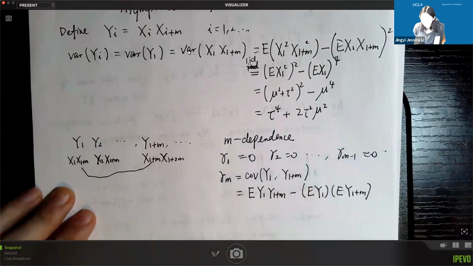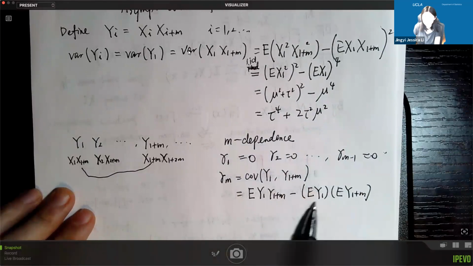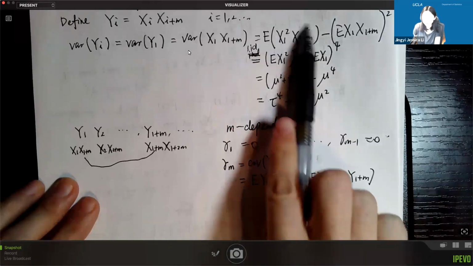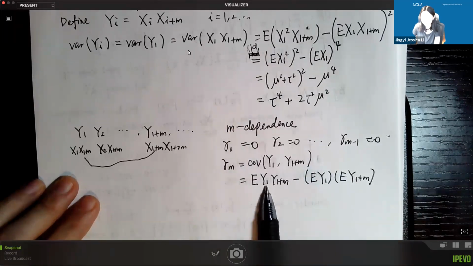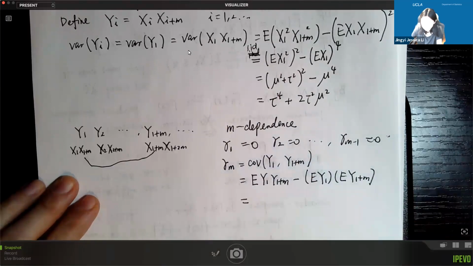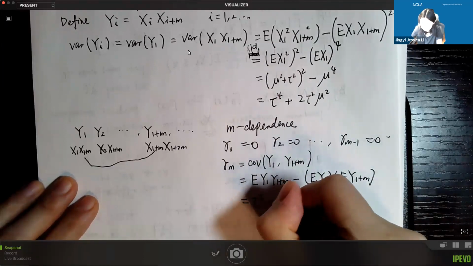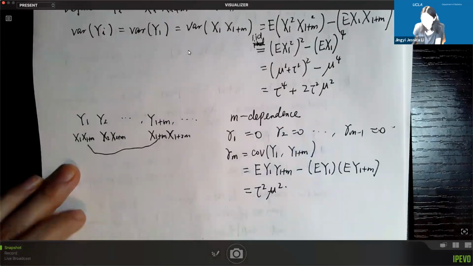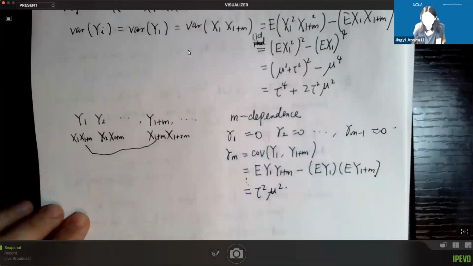Okay, I'll quickly sum up. You can just do the calculation yourself as we did here. Go back to the definition of y1 as x1 times x1 plus m. So basically, I can show this is equal to tau squared mu squared. I omitted the algebra steps here.